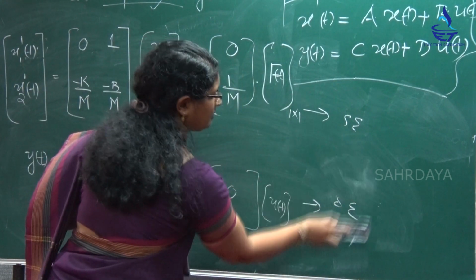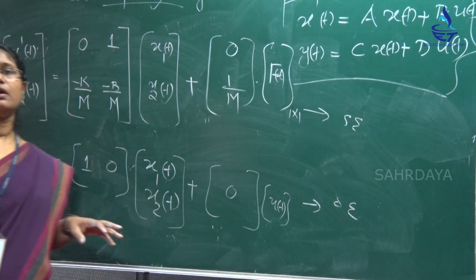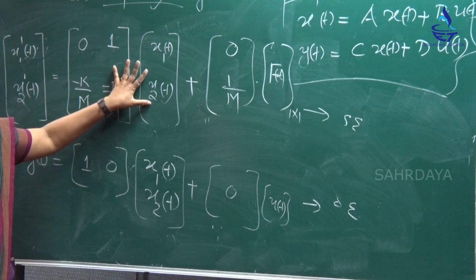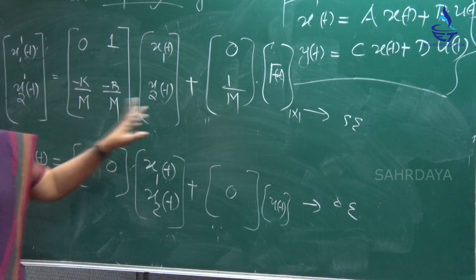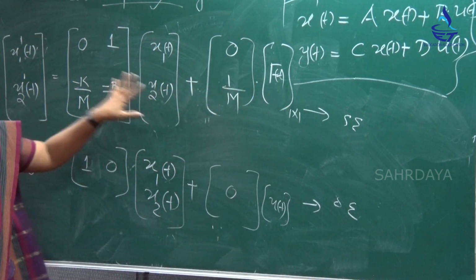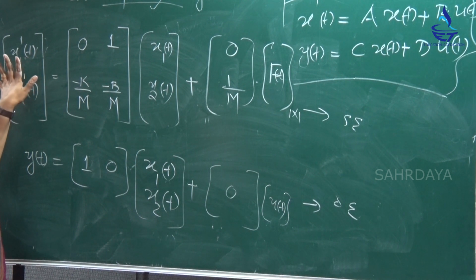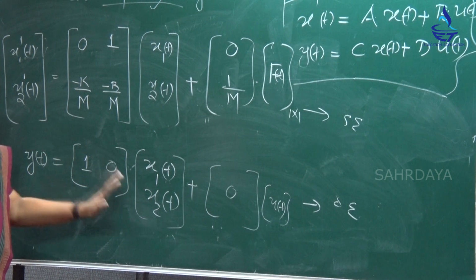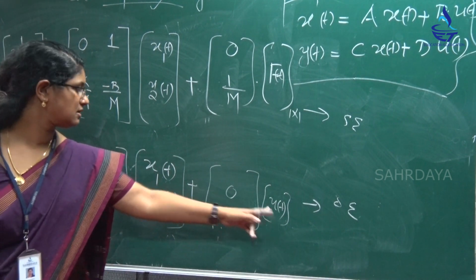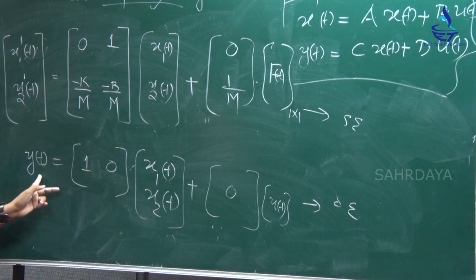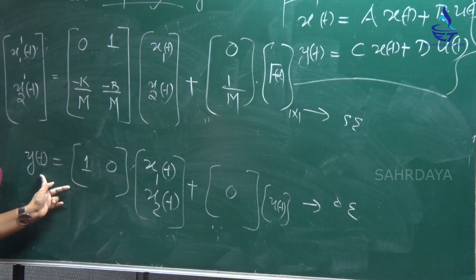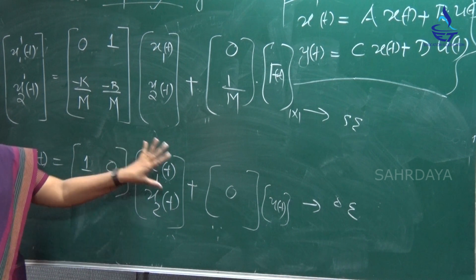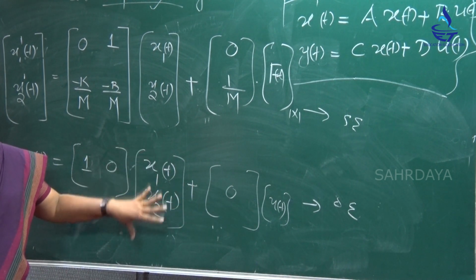So this is how in state space domain we model a system. There will be two equations: a state equation which will relate the input and the first order differentials of state variables and the state variables itself, and another set of equations where the inputs, the state variables and the outputs are related. In transfer function approach we were only talking about the input and output, and we were completely omitting the internal state variables as such.